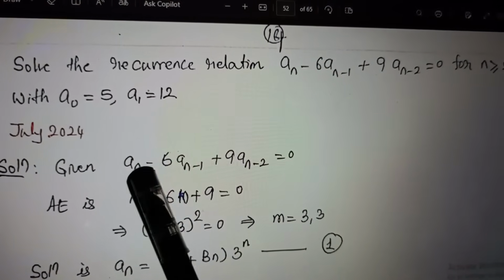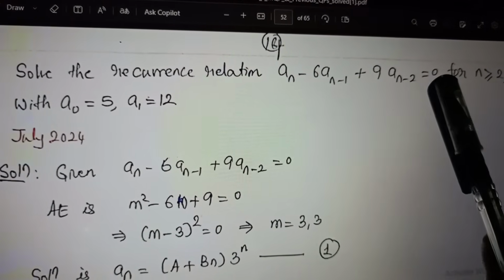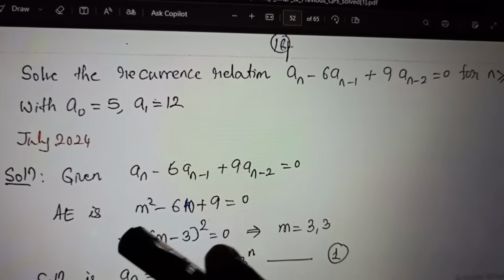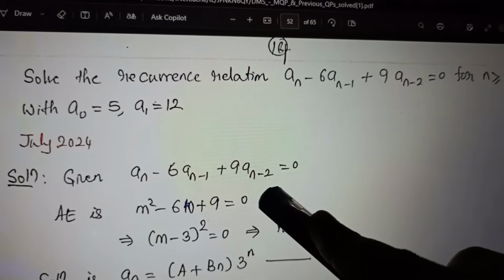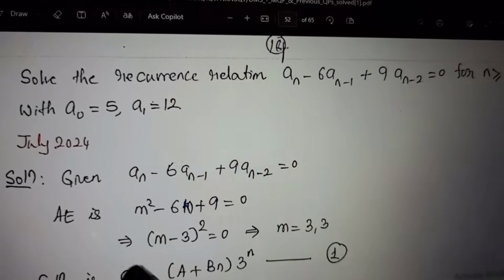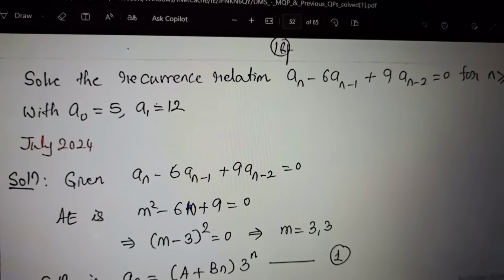Coefficient values you will write along with these values equal to 0. Once you compute equal to 0, we have to find the values of m. Write the same thing in the calculator, it will give you the value of m.